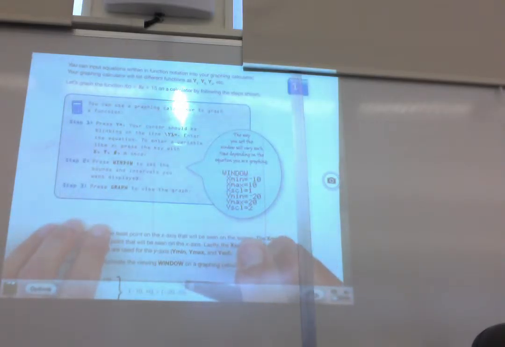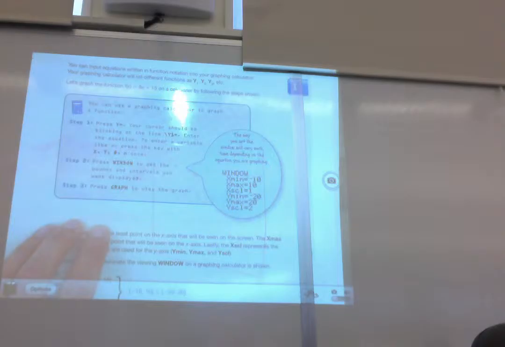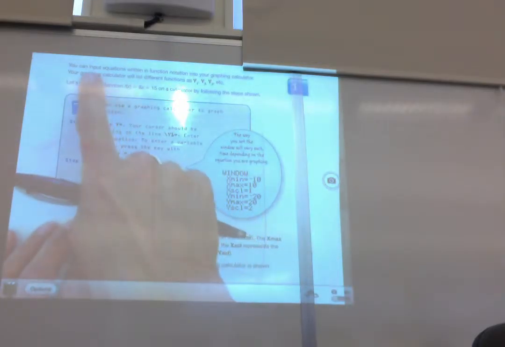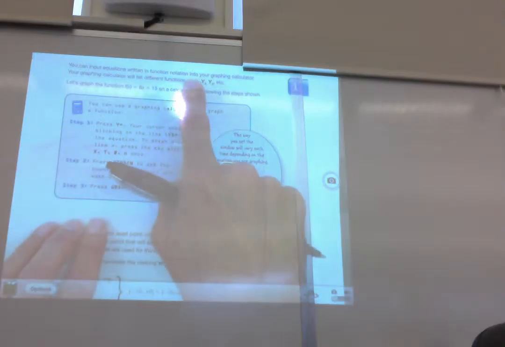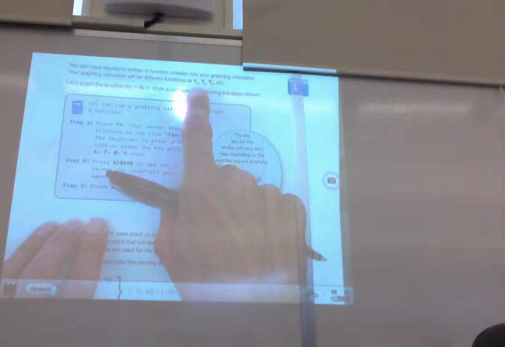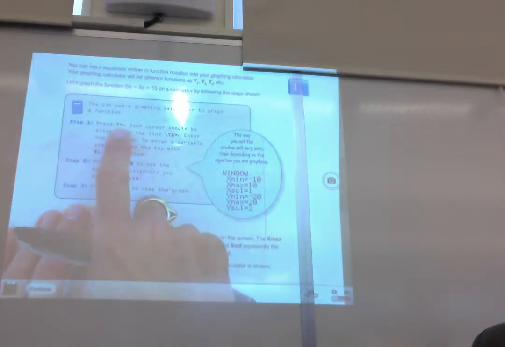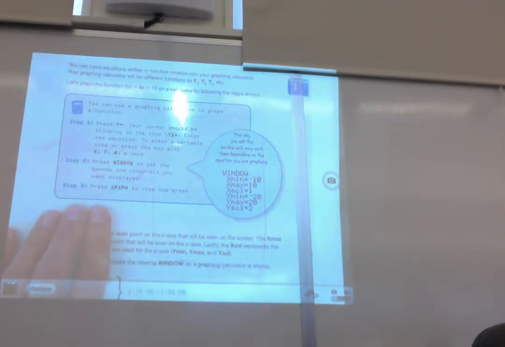These calculators let us manipulate and work with functions, and these graphing ones let us go back and forth between calculations and looking at the two values and looking at the graph. You will input equations and function notation into your calculator using the list function y equals. Here's an example of how to do it with this situation. First step, you need to press your y equals.